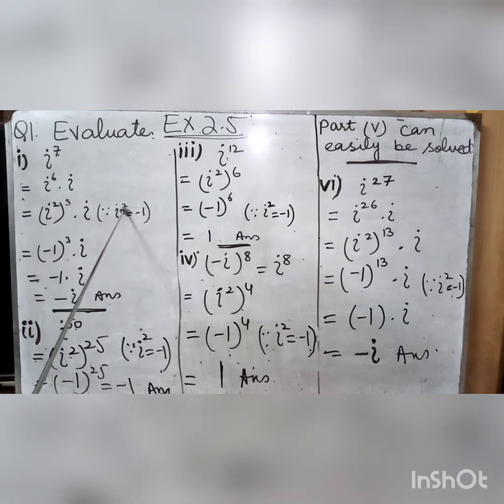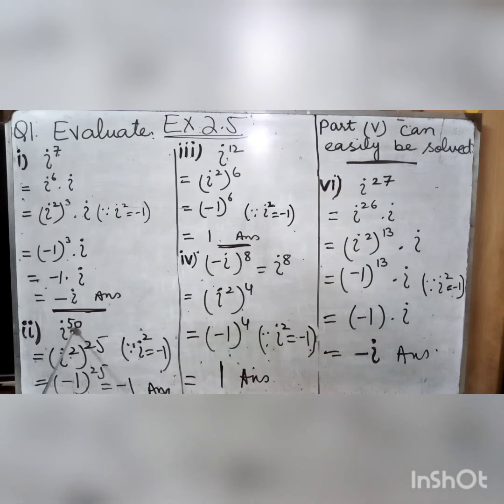As we know that iota square is equal to minus 1, therefore it is minus 1 raised to power 3 multiplied by iota. Since it is an odd number, the negative sign remains the same, minus 1 multiplied by iota, then minus iota is the answer.